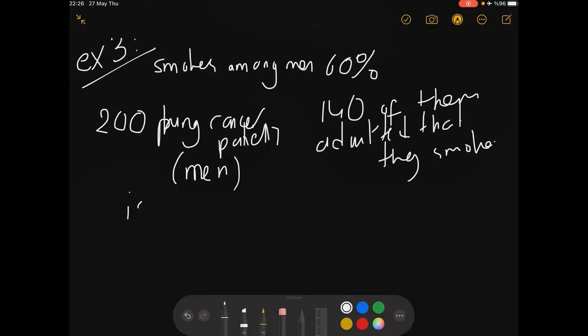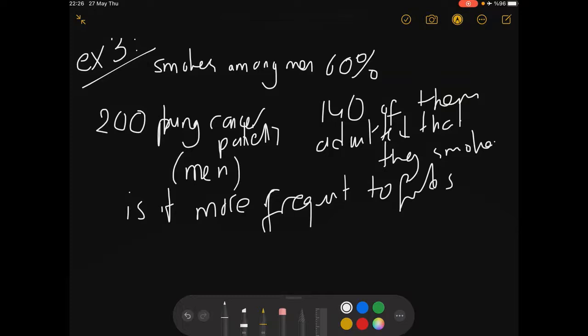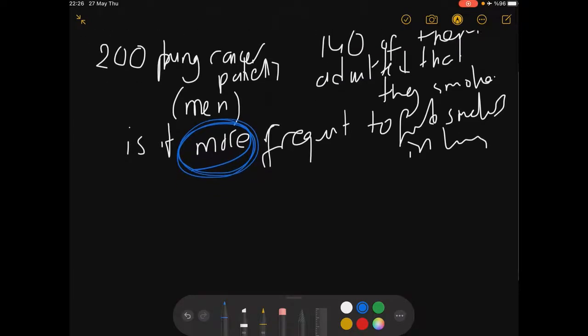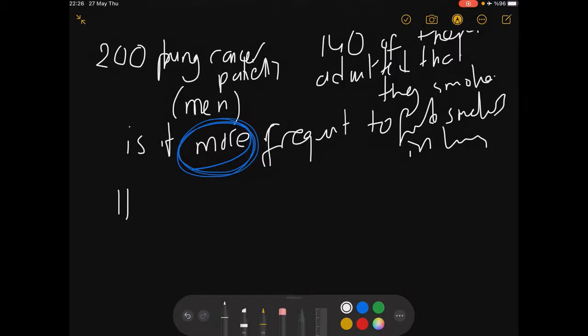Okay, is it more frequent to find smokers in lung cancer patients? Okay, more. Be careful, this is more. So it means that we need to build our hypothesis like this. It is solving almost half of the question, right?